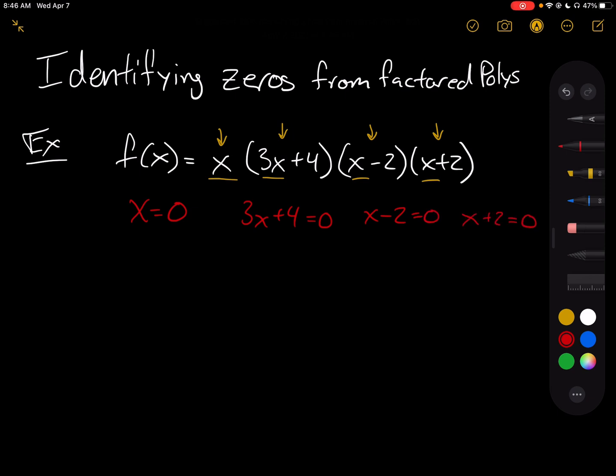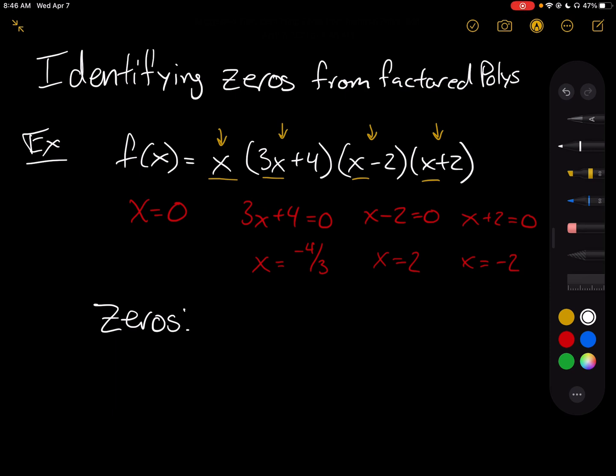Okay, so x equals 0, straightforward. Otherwise, when we solve for x, for this one here, we would subtract 4 over and divide by 3, giving us an x value of negative 4/3. For this one, we would add 2 over, giving us an x value of 2. And for this one, we would subtract 2 over, giving us an x value of negative 2. So if you were asked to list the zeros, then the zeros are just these values.